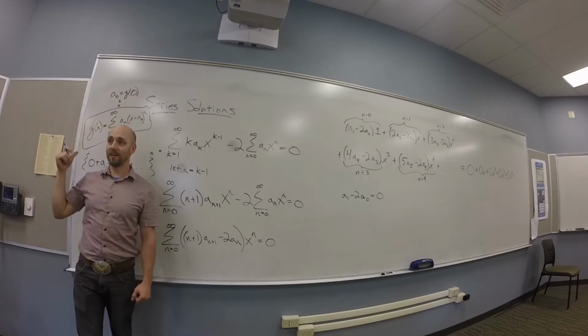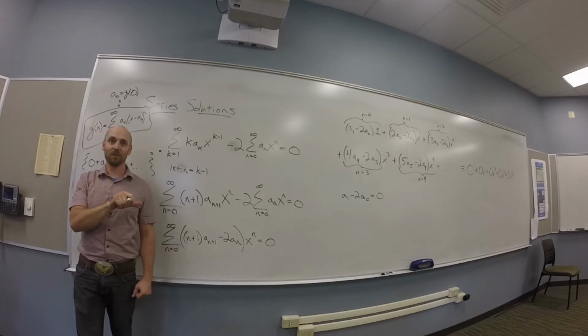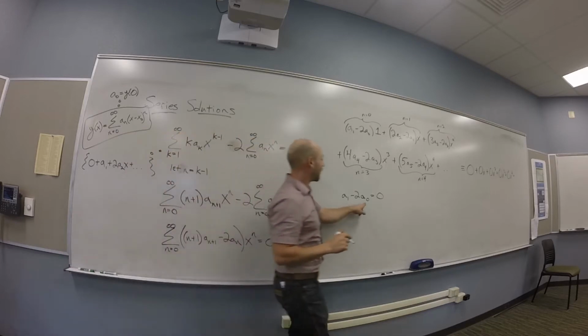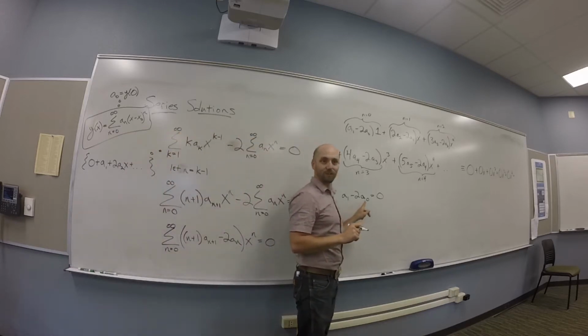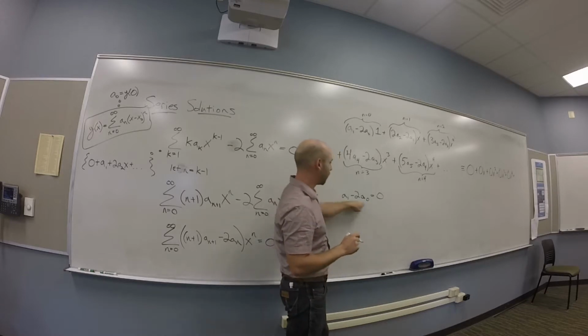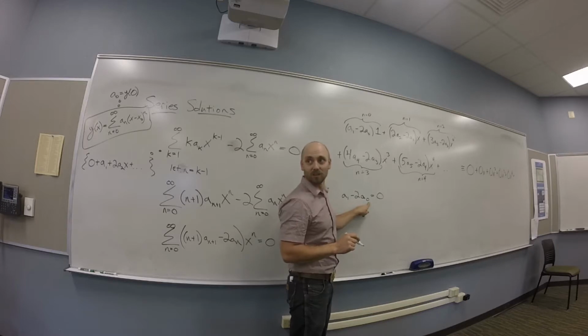You're not going to know that, right? I didn't give you an initial condition in the problem, so I don't know the initial condition. But I can solve for all the others in terms of that. Because here, this equation will tell me what a1 is in terms of a0. See that?